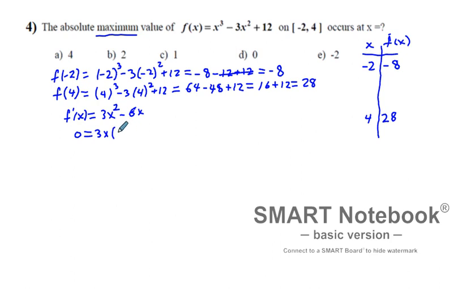We're going to get 3x times x minus 2. So we have x is equal to 0, x is equal to 2, as our other critical numbers. For 0, that's going to be a y-intercept, f of 0 is equal to 12.